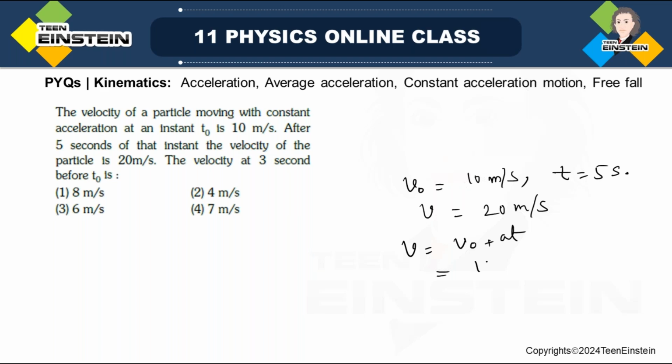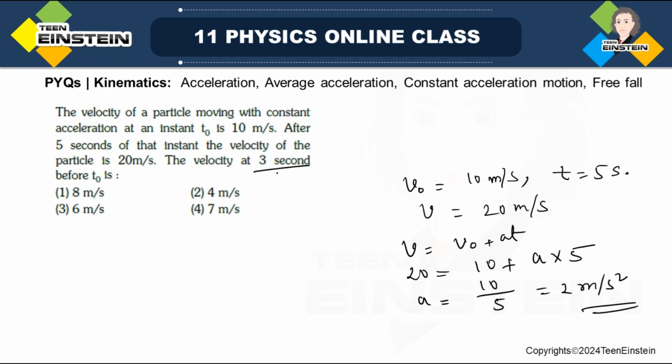So v0 is 10 plus at, t is 5, and this side it is 20. Then I can easily get a is equal to 10 by 5, that is 2 meter per second square. So this is acceleration. So I have got acceleration.